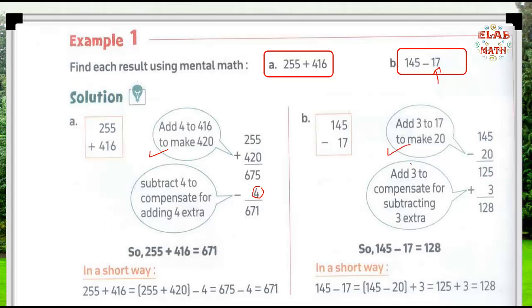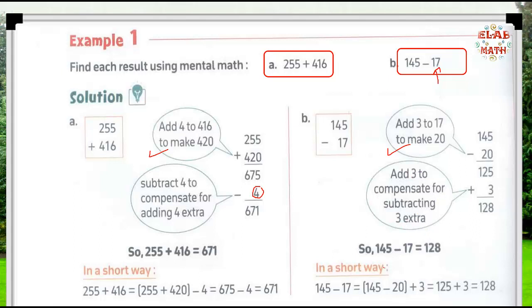This is the first step. We get the difference after we added 3 to 17 to be 20. Now you should add 3 more to the difference. 125 plus 3 equals 128. Add 3 to compensate for subtracting 3 extra.